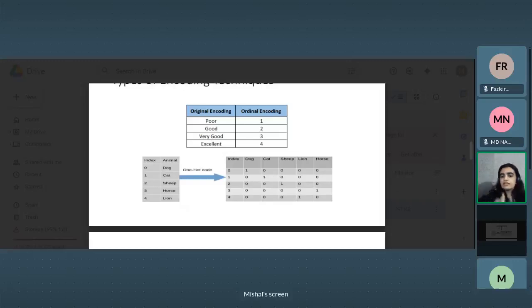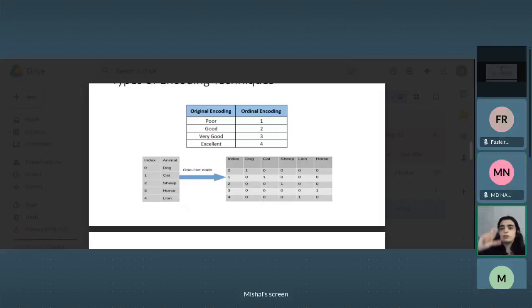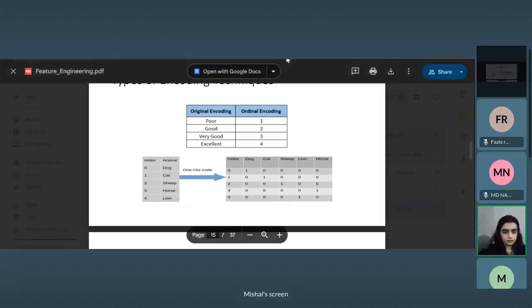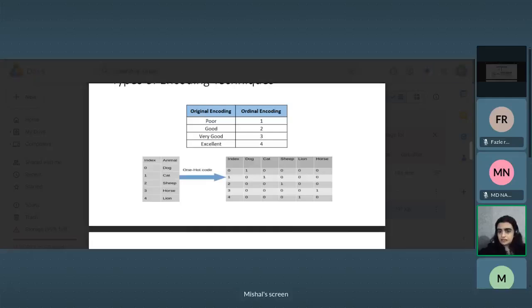So then comes one hot encoding. In one hot encoding, here we have different categories: dog, cat, sheep. First, we will convert these different categories into separate columns. So dog, here we have it as a separate column.